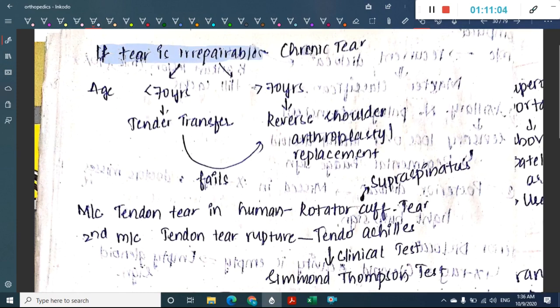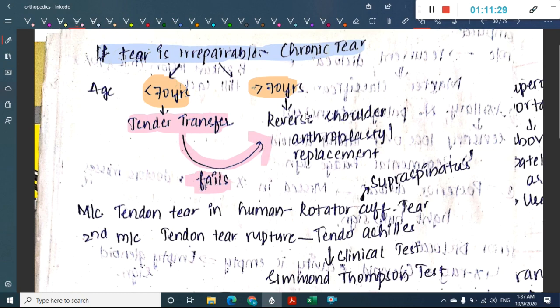Think that if this tear is irreparable, that is if it is a chronic tear, then you will have to see the age, whether he is more than 70 years or less than 70 years.